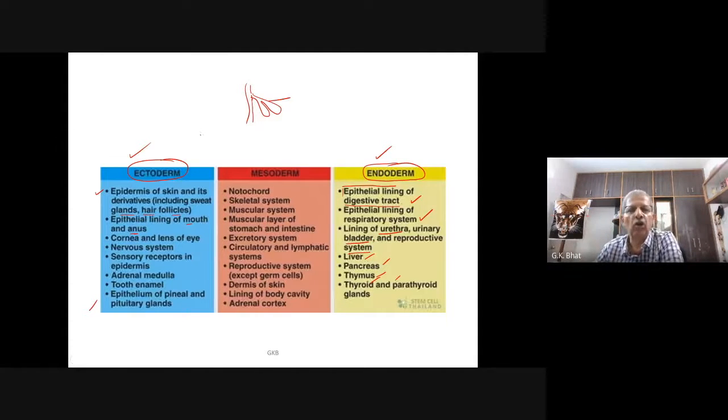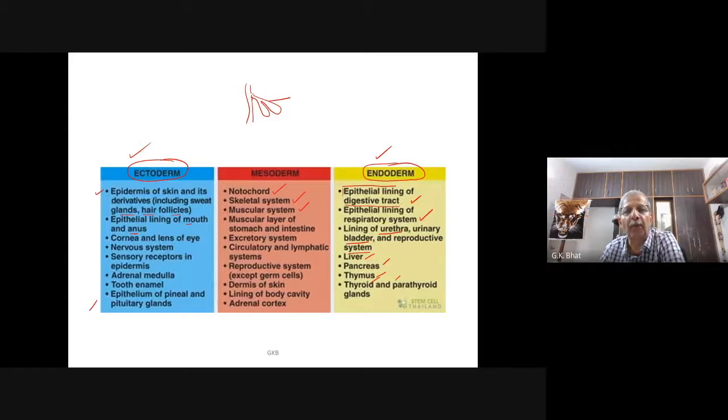You have notochord, and you have studied that it is mesodermal derivative. The entire skeletal system, whatever bone you have inside, is a mesodermal derivative. Muscular system, cardiac muscles, skeletal muscles, smooth muscles, these are all mesodermal derivative.